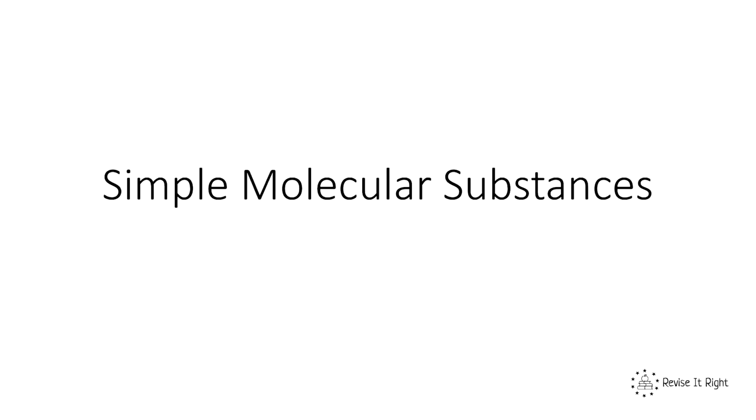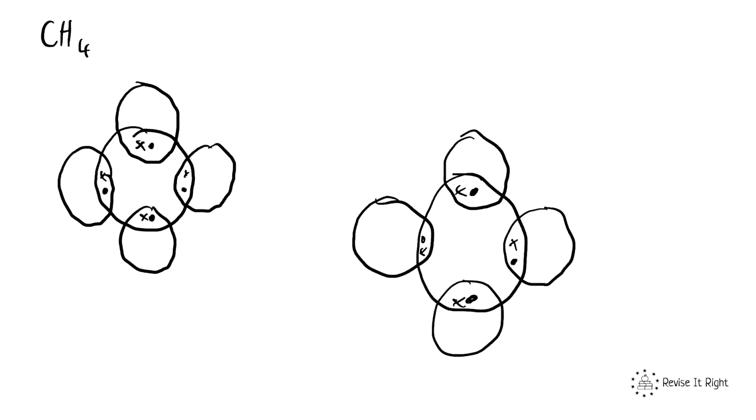This video is about simple molecular substances. Now in the previous video we looked at covalent structures like this. So here we've got CH4. What you'll notice between these two structures is that they have full outer shells.